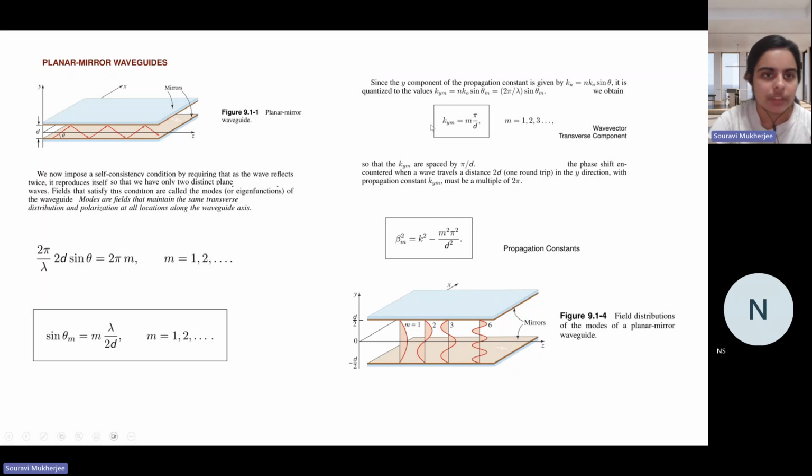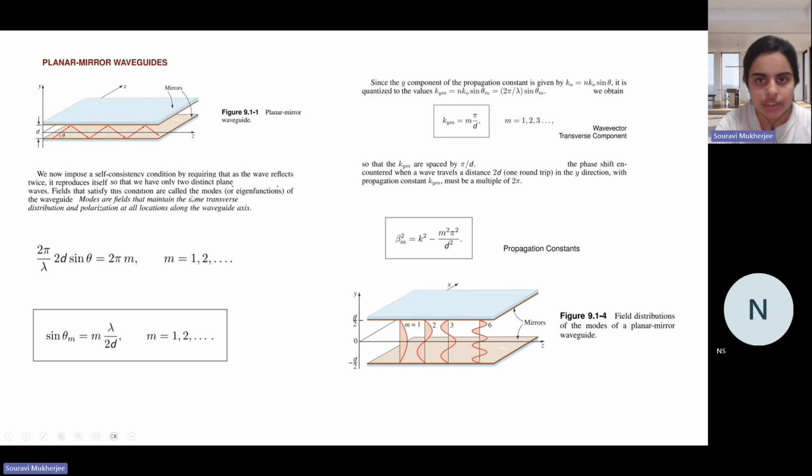Now if the medium inside this material has a refractive index n, and k naught is the wave number in free space, then you can write ky as n k naught sin theta. So you know that for the self-consistency condition, theta cannot take just any value. It has to be some particular values, which come from this relation.